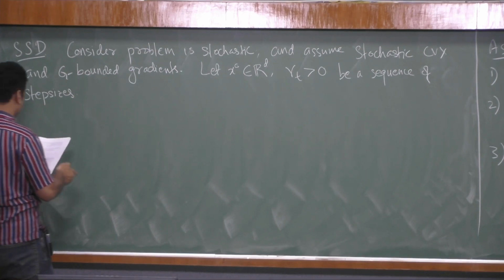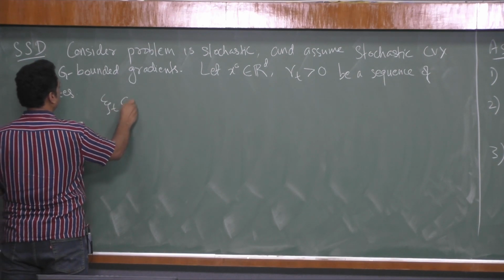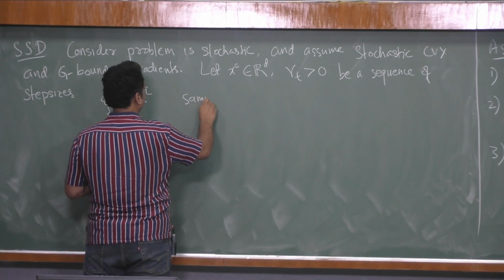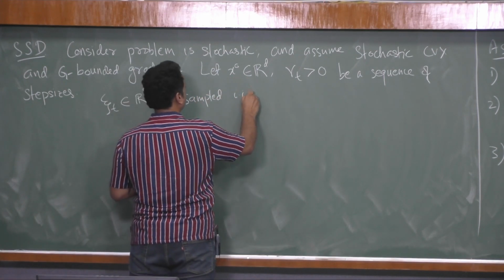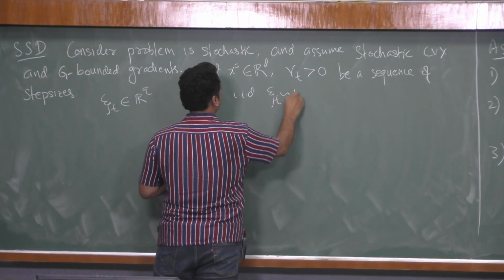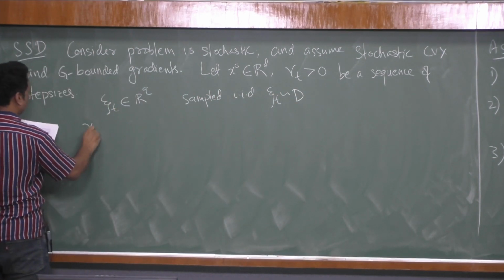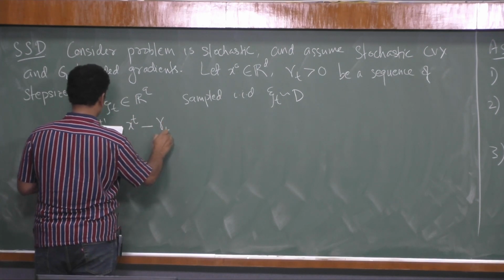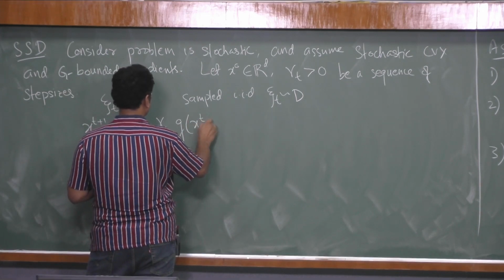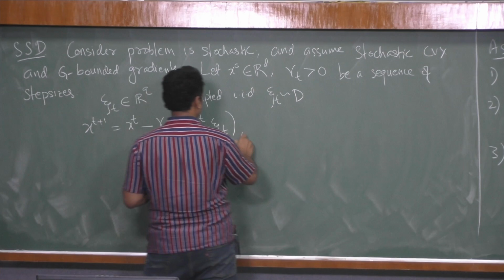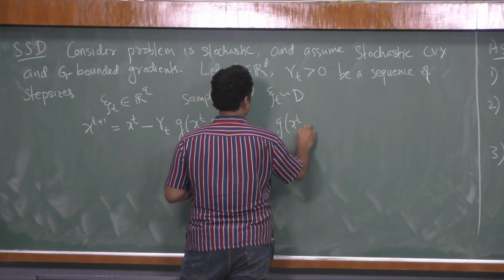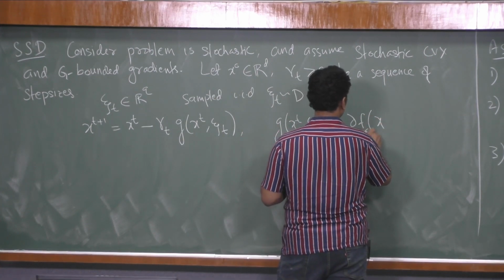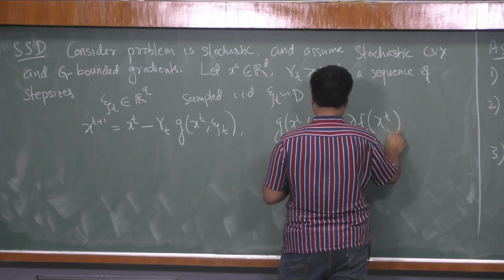Then we define this algorithm: xi_t in R^q, sampled i.i.d. from the distribution D, and then x_{t+1} is x_t minus gamma_t g(x_t, xi_t), where g(x_t, xi_t) is in the subdifferential of f_{xi_t} at x_t.